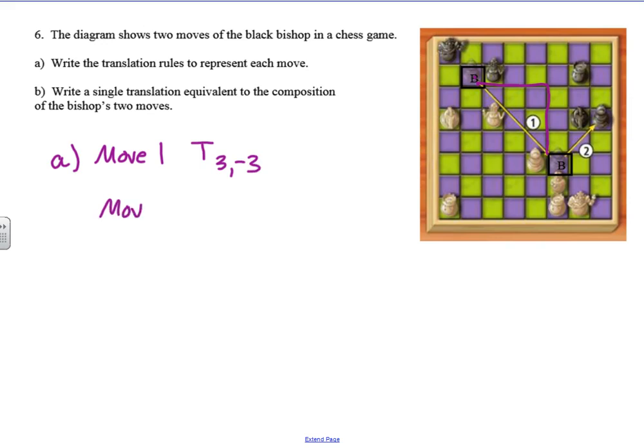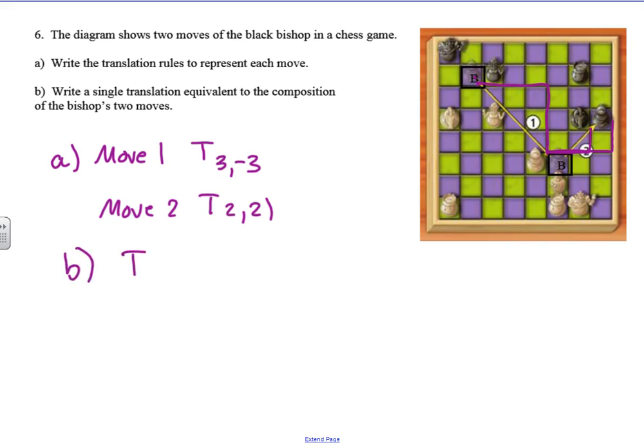And then move 2, the translation would be from here we're going to go 1, 2, up 1. Okay, so right 2, up 1. Is that right? Yeah, right 2, actually up 2 to get to that square, right 2, up 2. So 2, 2. So how could we write that as one move?